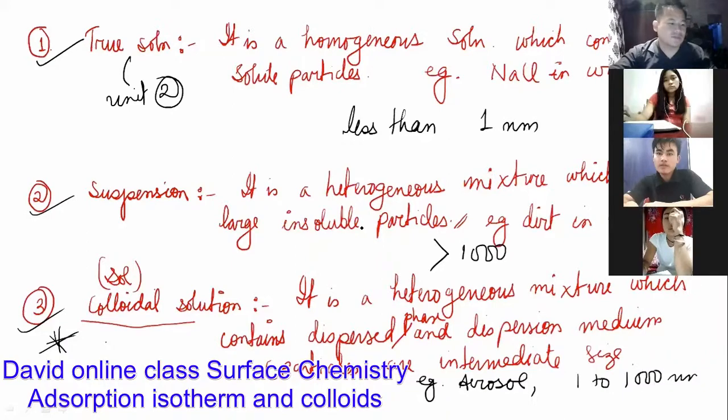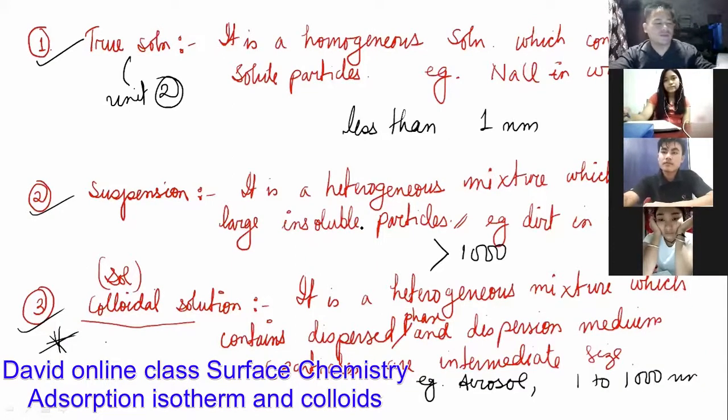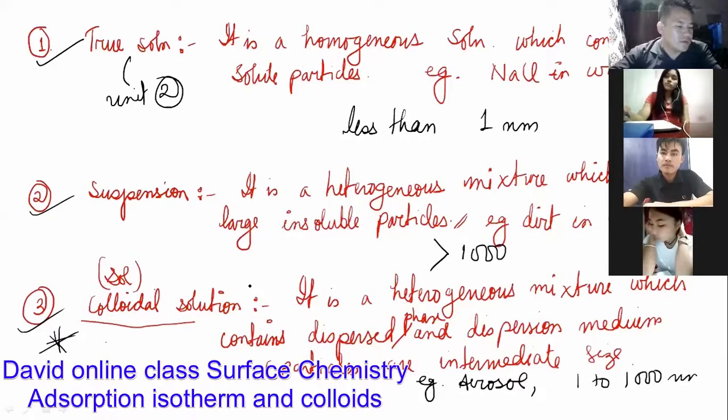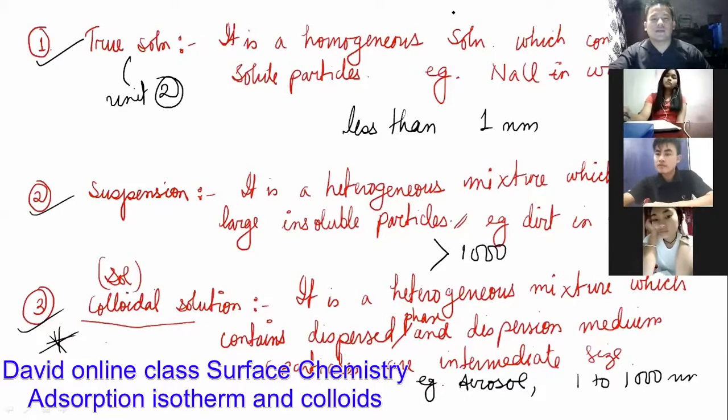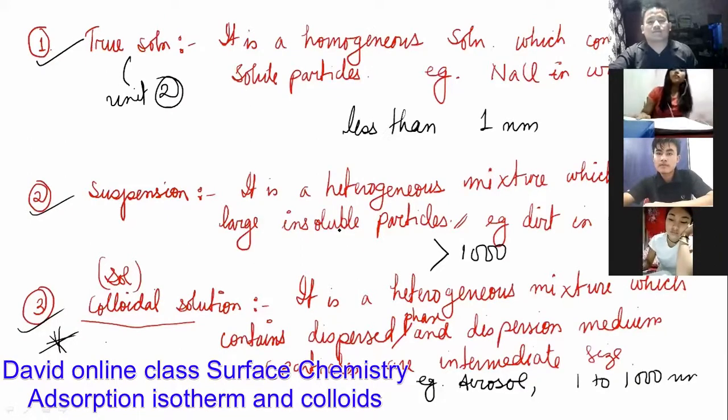Next point: classification of colloids, based on their appearance and based on their interaction or affinity. Let me summarize quickly. Colloids: true solution, suspension, then colloidal solution.